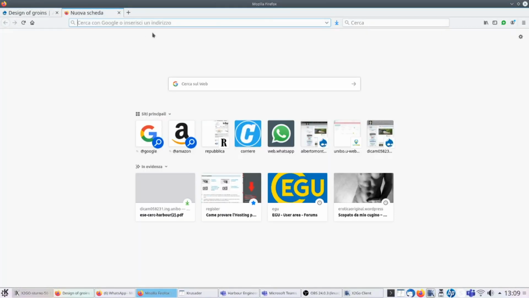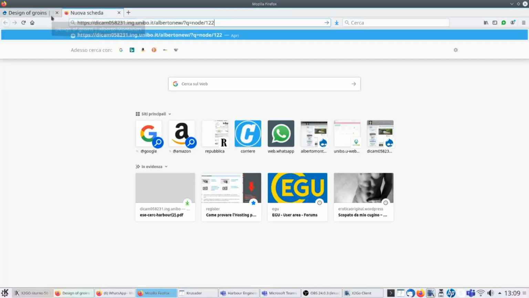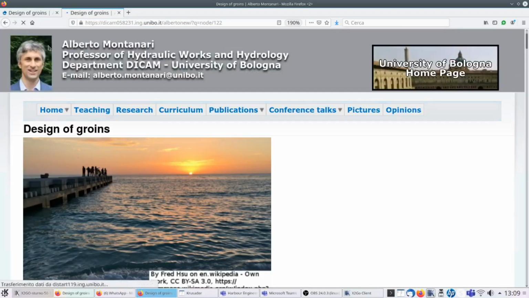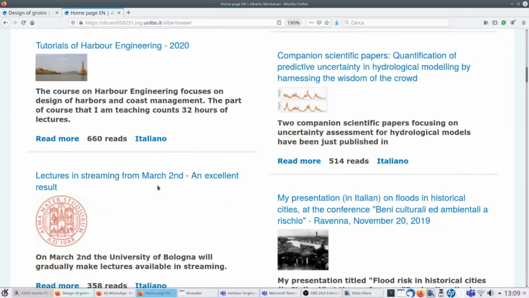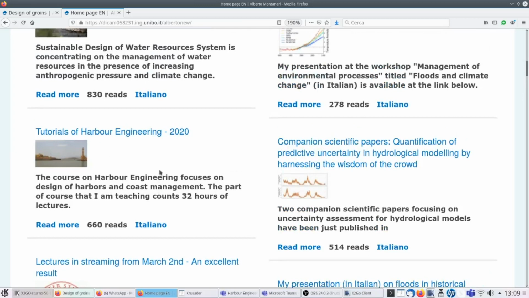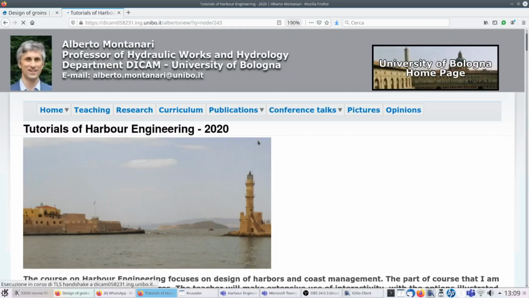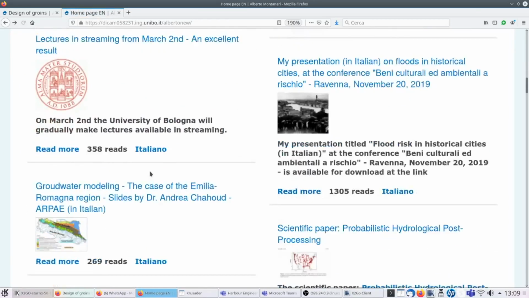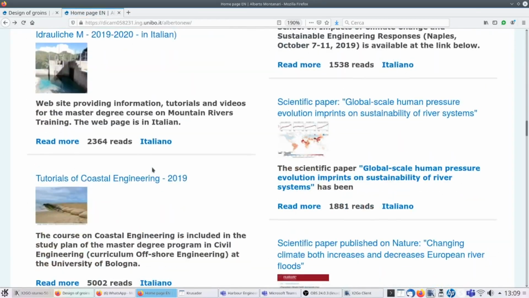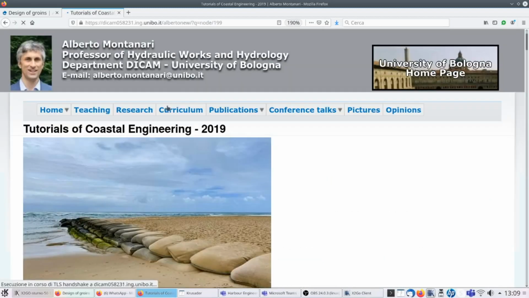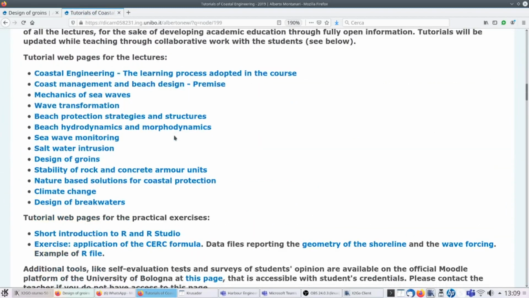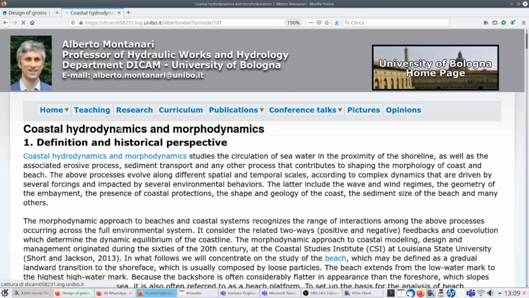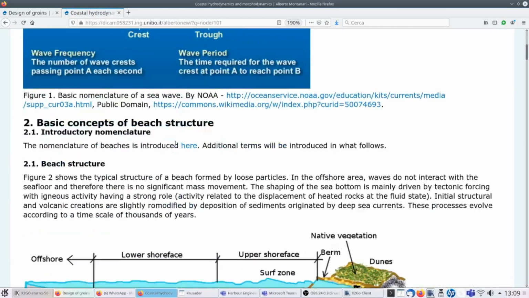Okay, let me go here and let me go back here to our tutorials. I just want to open a figure which I think is not really here. It's in beach morphodynamics. Give me one second. Okay, beach hydrodynamics and morphodynamics. It's here.